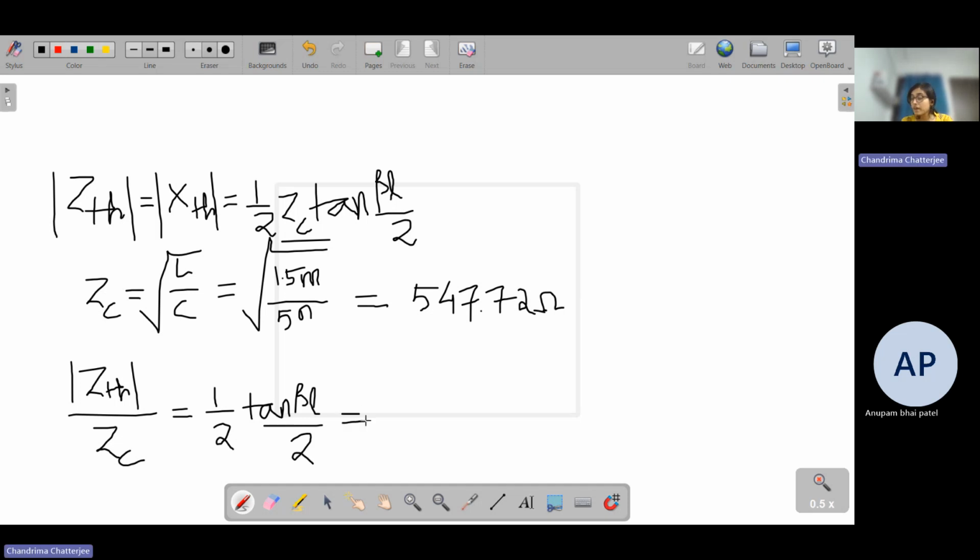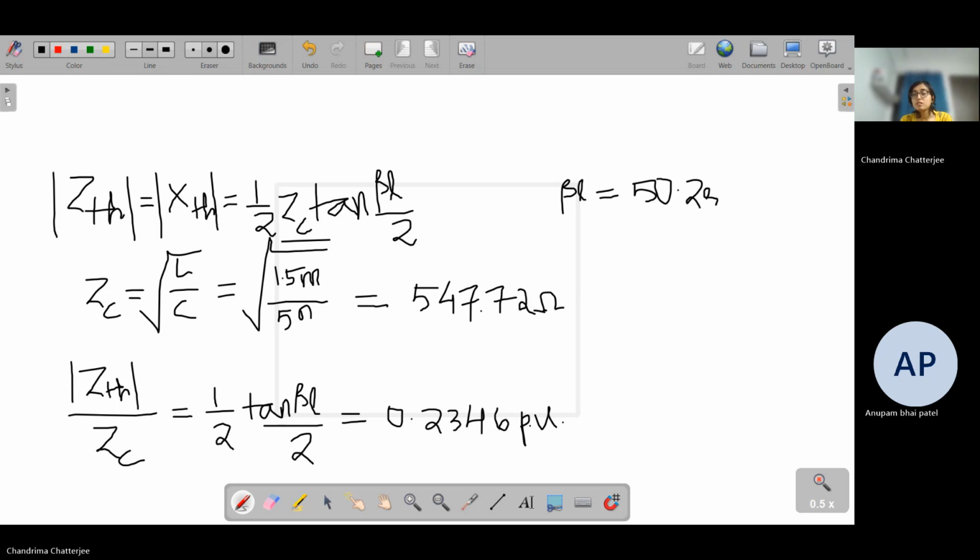So I got the value 0.2346 per unit. Okay. So beta L here is equal to 50.28 degree. Fine. So this is what I got.